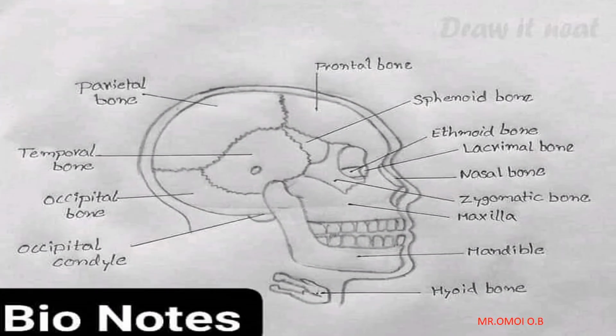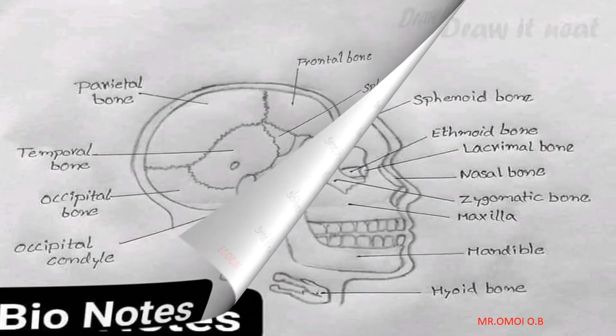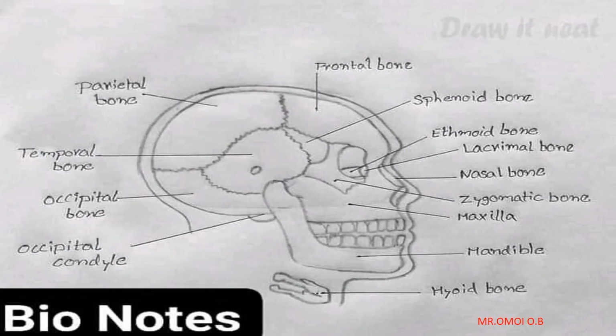Then we have the eye socket, where we have the eyeball located. That hole where the eyeball is located is called the eye socket. The socket is formed by main bones and one of them is called the ethmoid bone, and below the ethmoid bone we have the lacrimal bone near the nasal bone.